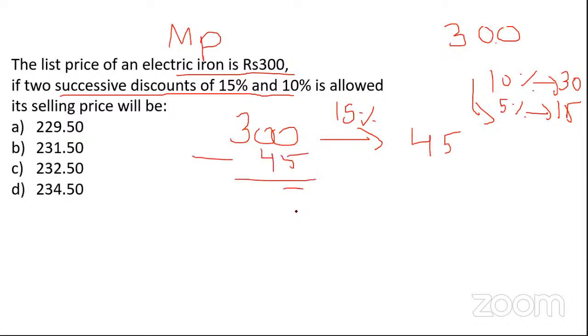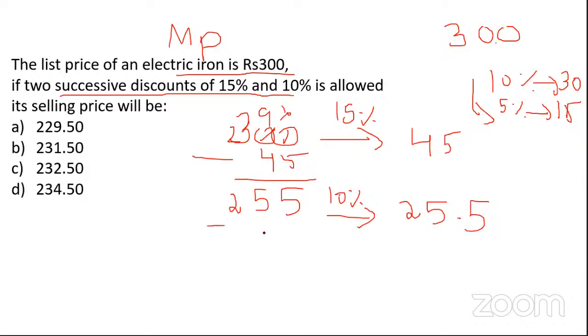Balance will be 255. 10 minus 5 is 5, here again 9 minus 4 is 5, so it becomes 2. So again it is 10% discount. From the last, if you move and keep one decimal point, that is 25.5. This is 10 percentage.